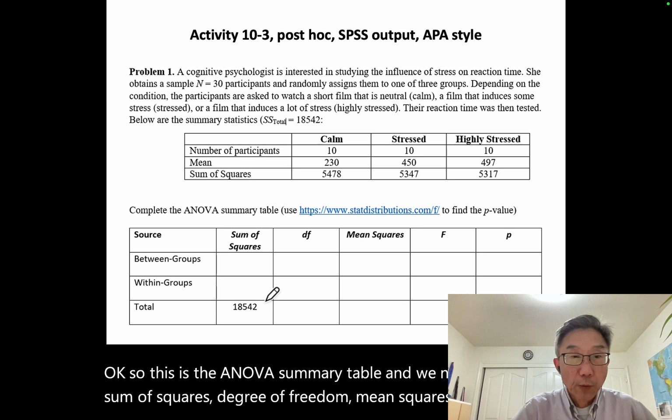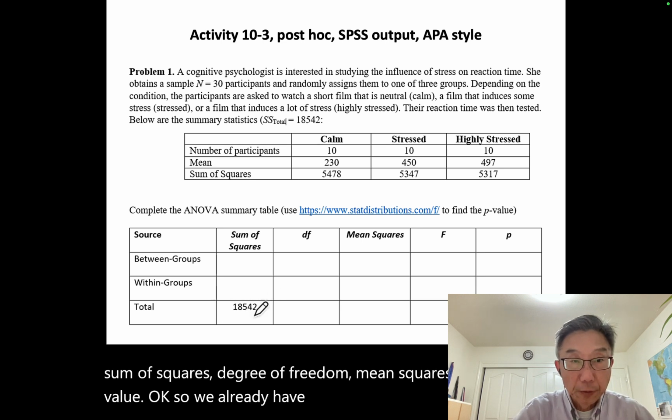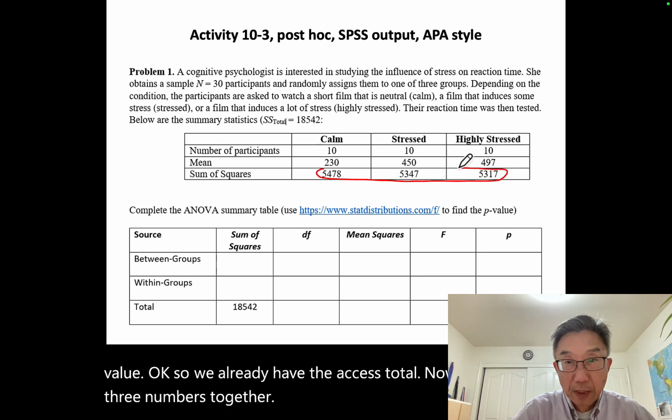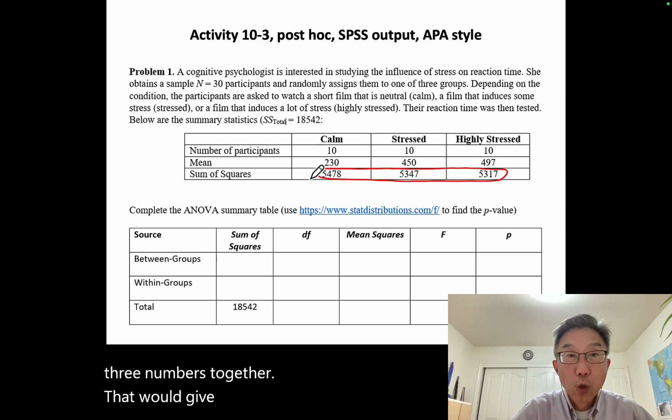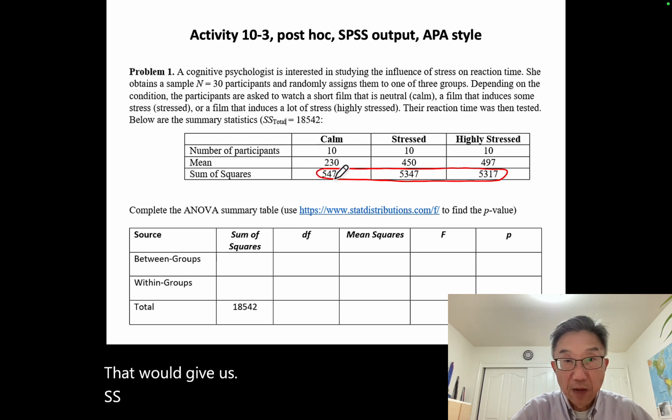Okay, so we already have the SS total. Now, if we add these 3 numbers together, that would give us SS within, right? So the sum of these 3 equals SS within.